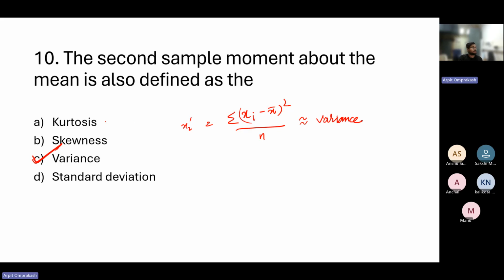And kurtosis is basically M4 divided by M2 squared.